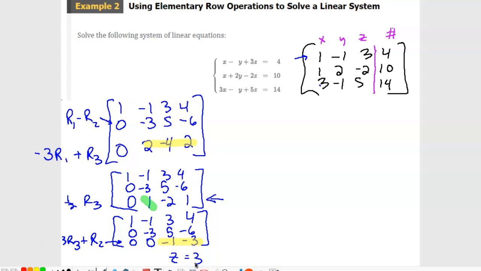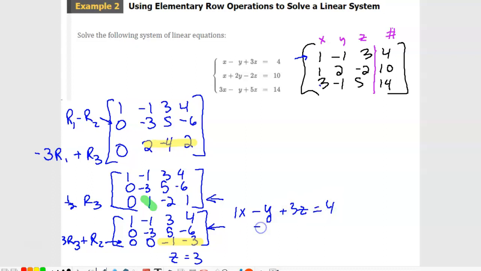Once I have z equals 3, then I can back substitute it in. So if I write this back into linear equations, I have 1x minus 1y, or minus y, plus 3z equals 4.